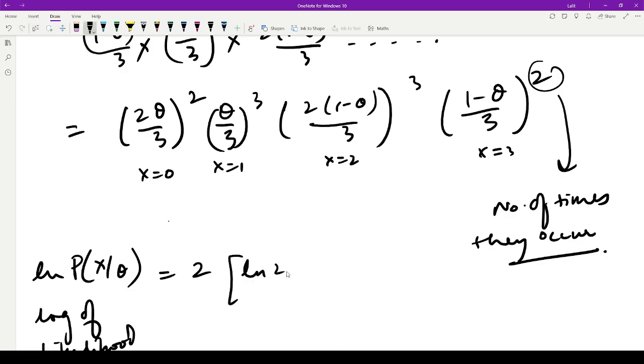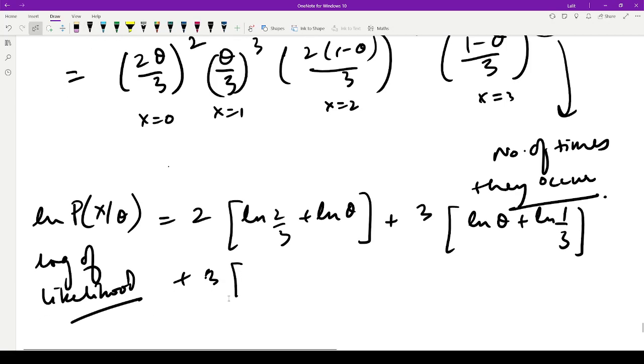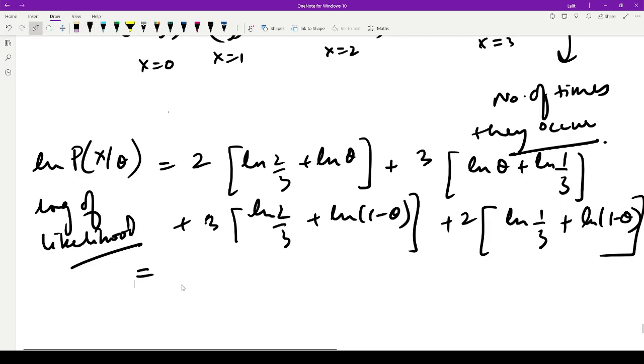So this is ln of 2, just take log over this part, then log over the next part, and then the next part, and the final part. Once we have this, you can rearrange them, which turns out to be some constant coming from these numbers, plus 5 times ln theta plus 5 times ln of (1 minus theta).